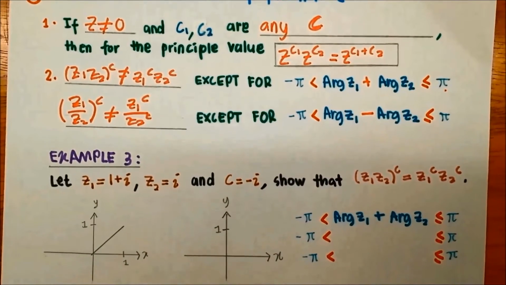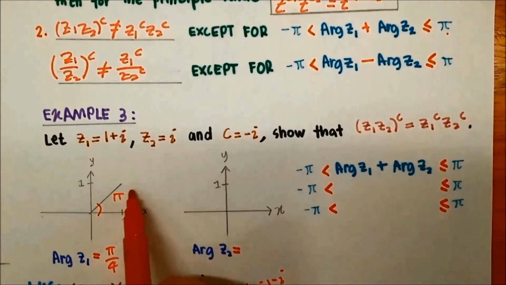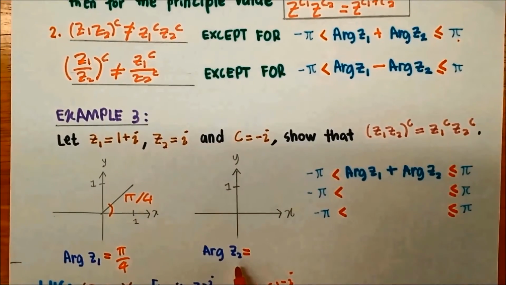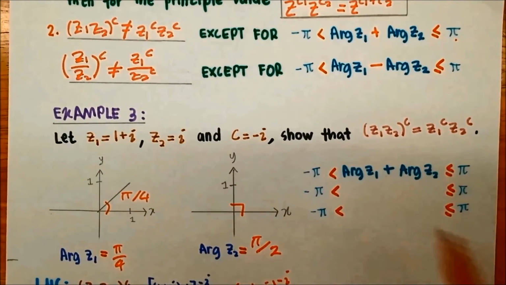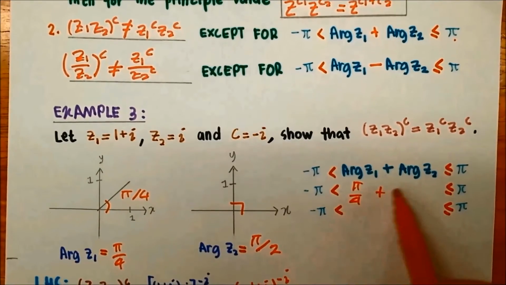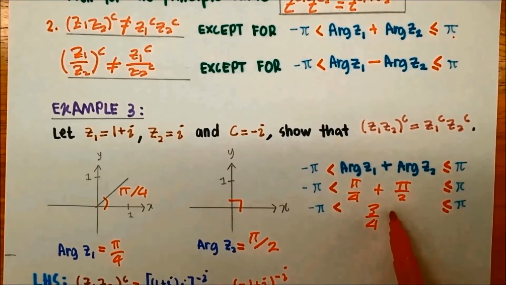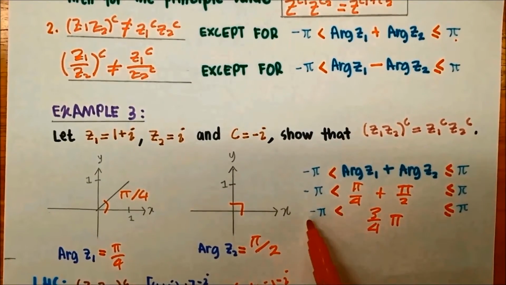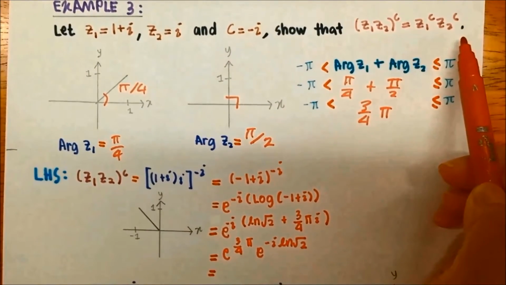We know that the argument of z1 is pi over 4, and the argument for z2 is pi over 2. Then the argument of z1 plus the argument of z2 is equal to 3 over 4 pi, which is between negative pi and pi. We solve for this equation.